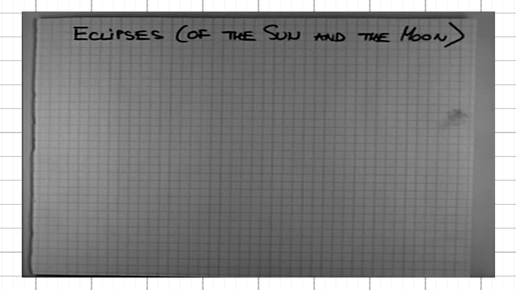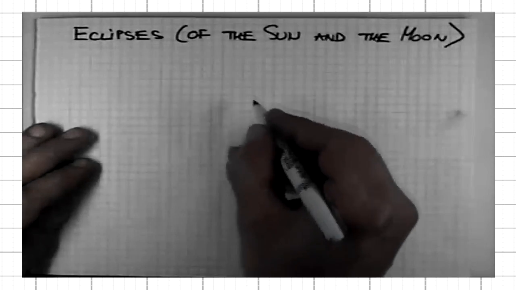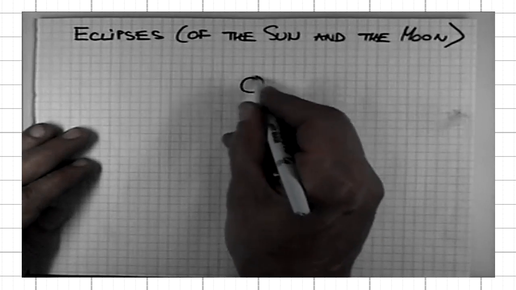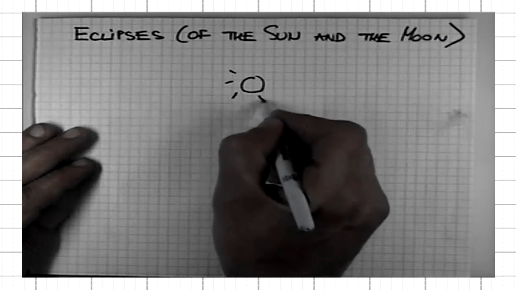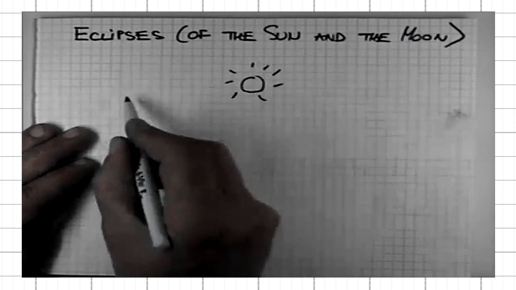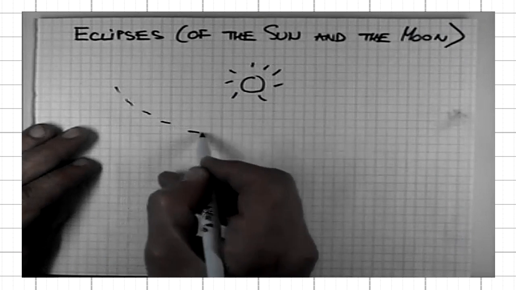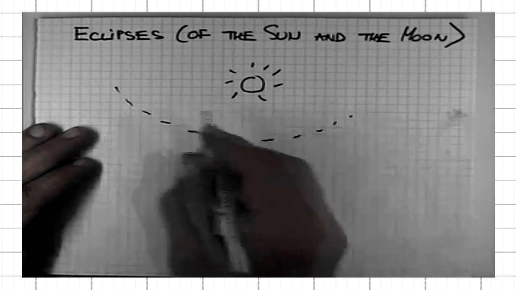The key to understanding the eclipses the way we see them is to remember that the moon's orbital plane is at an angle of about 5 degrees with respect to the ecliptic. So let me draw this diagram again. Here is the sun, part of the Earth's orbit around the sun.